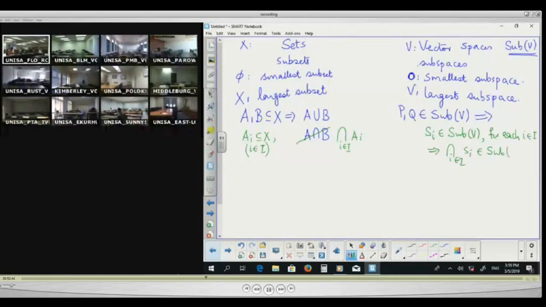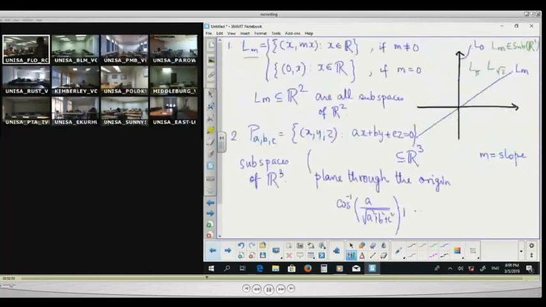Now let's look into the union. This example is providing us everything. Okay? So suppose if we take two such lines.